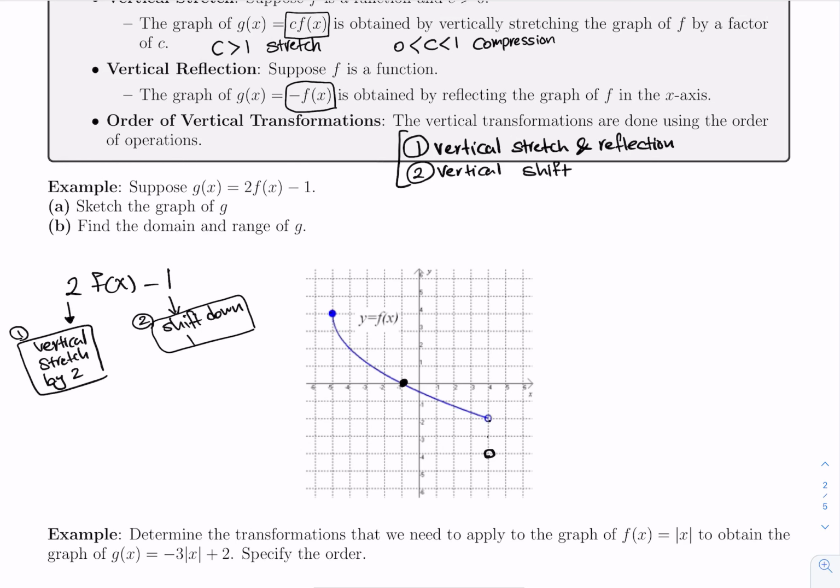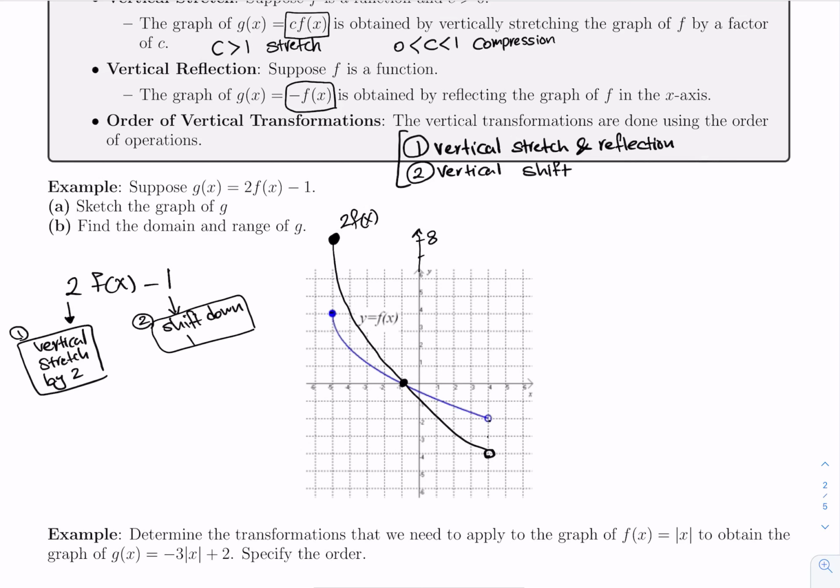This y coordinate is 4 times 2 will become 8. I'll try to maintain the general shape of the graph, vertically stretched by a factor of 2. What I see here is 2 times f of x.